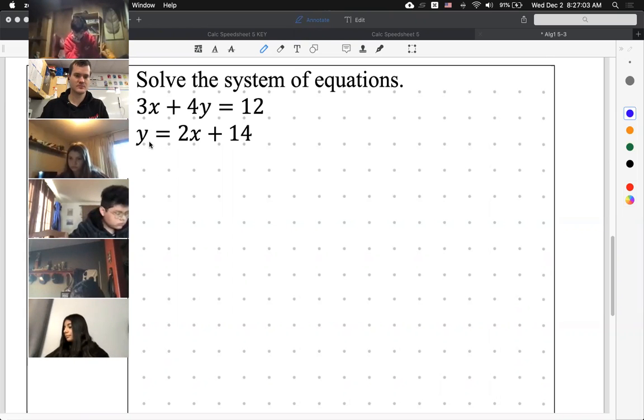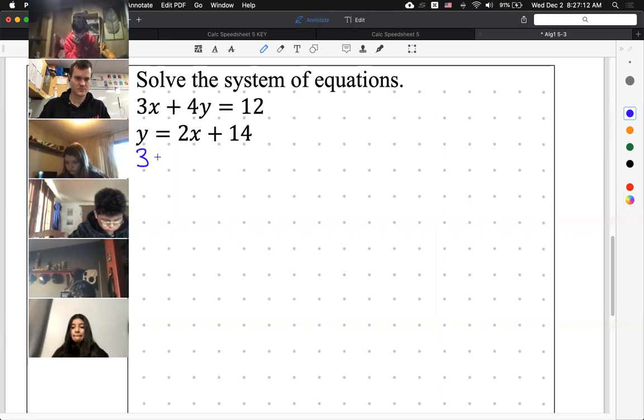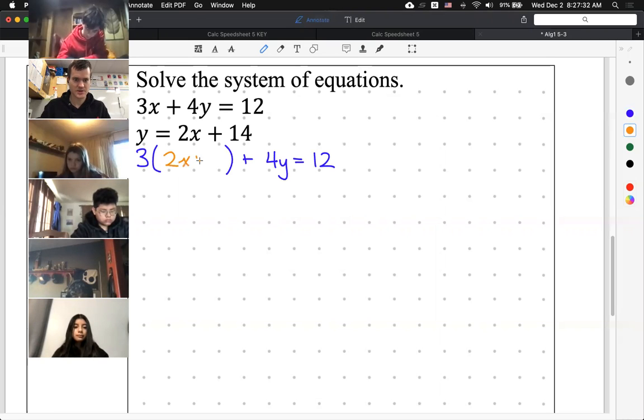I did, first step is 3, and then I did the parentheses plus 4y equals 12. 3 in parentheses plus 4y is equal to 12. And then I put 2x plus 14 in the parentheses. 2x plus 14.